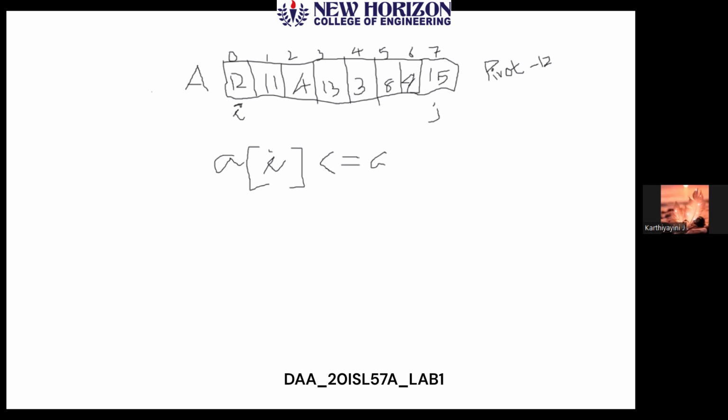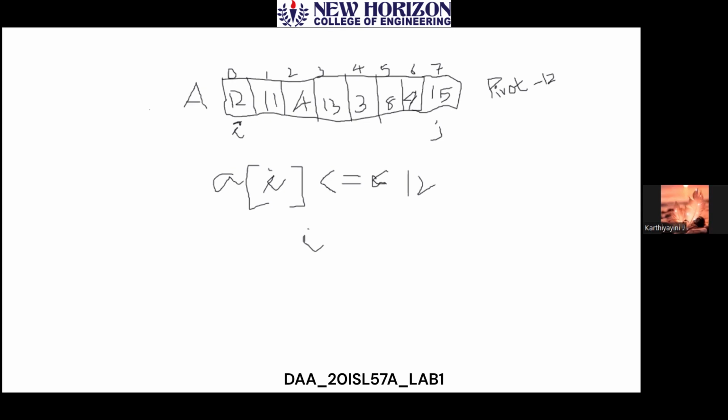The pivot is 12; for your reference, I write 12 only. If it is less than or equal to, its position is on the left-hand side only, so I am not going to change it. Just I will write i plus plus. That's all I will do.